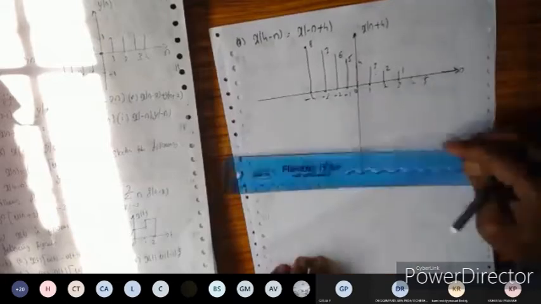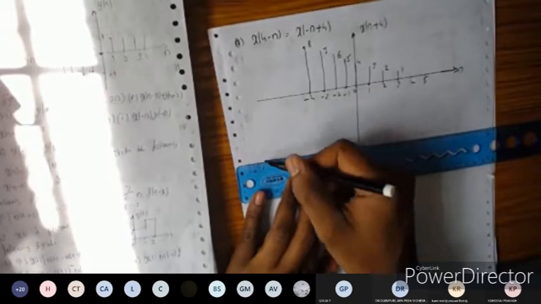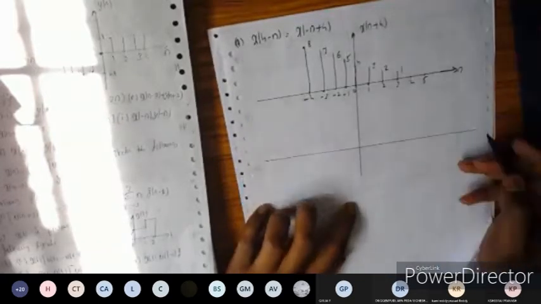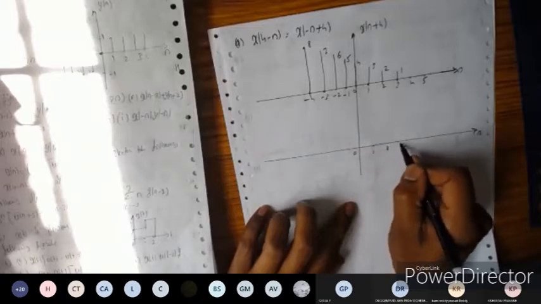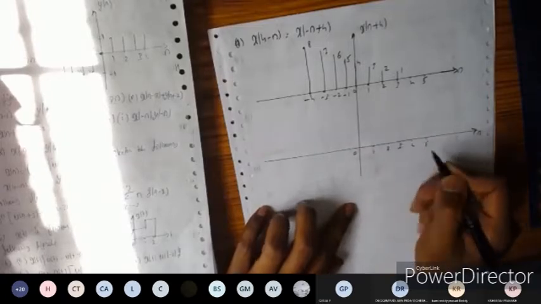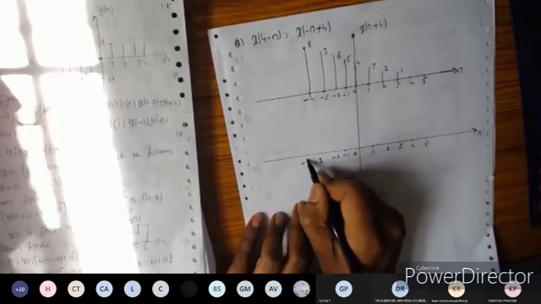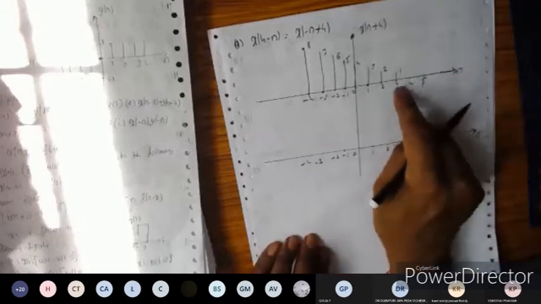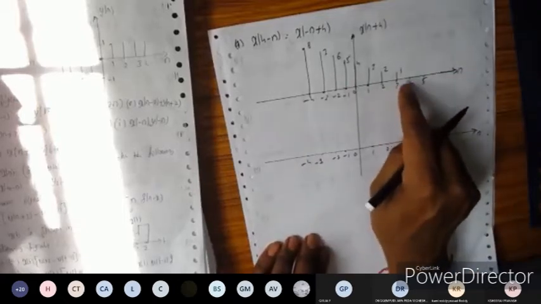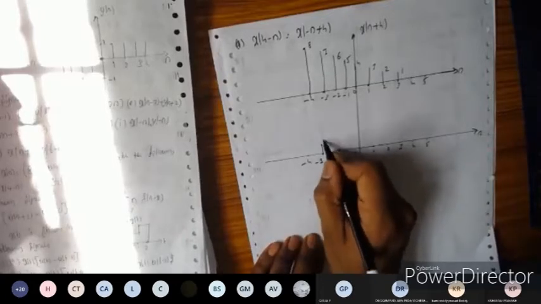Now let us take the reflection of this one. When you take the reflection, the time index will be changed. This is 0, 1, 2, 3, 4, 5, and this is minus 1, minus 2, minus 3, minus 4. So when you take the reflection, the positive side goes to the negative side and the negative side goes to the positive side. So minus 3 will become 3, with amplitude 1 here.